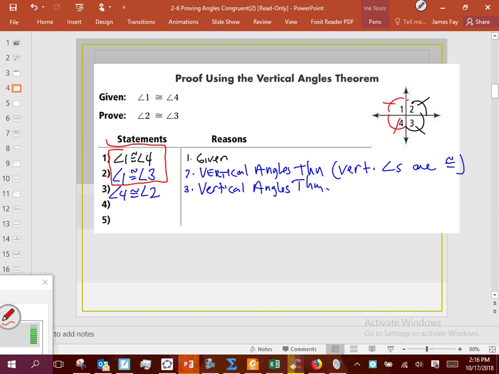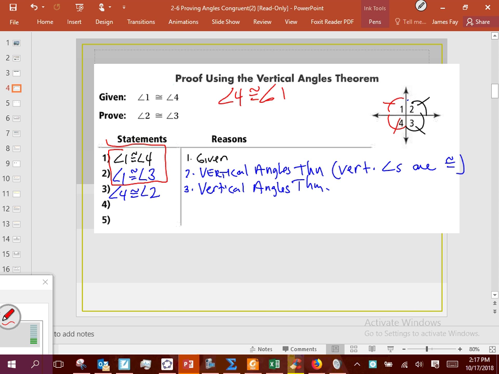And what we'd be looking for if we're going to use the transitive property is a common term in 2 of these statements. Okay? Do we see how angle 1 is common in those 2? Now, I'm going to write this way. You don't have to do this, but I think it's a good visual to see. Actually, I'm going to flip the first one around. I'm going to write the first one as angle 4 congruent to angle 1.